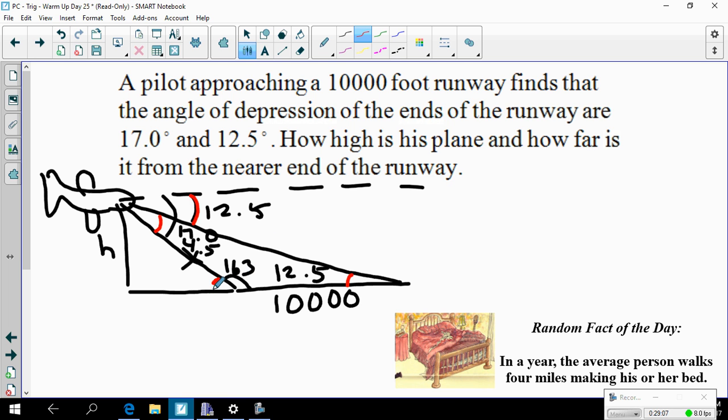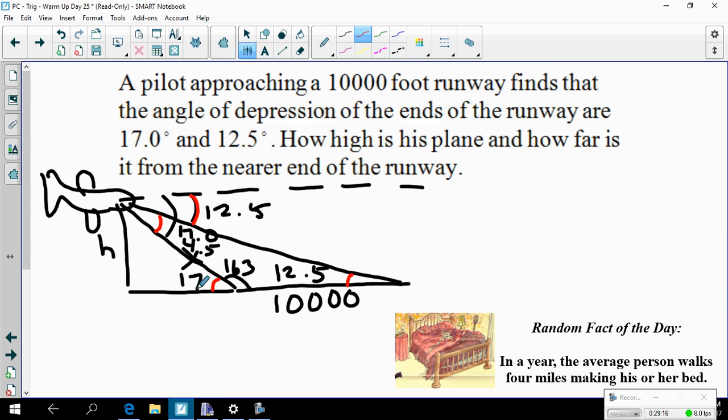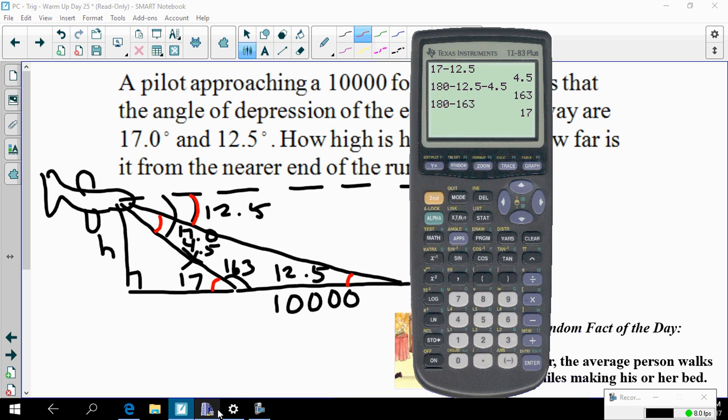And then I can find this angle by subtracting 163 from 180. That's a right angle because it's straight down to the ground. And finally subtract this side from 180. So 180 minus 90 minus 17, and you got 73.